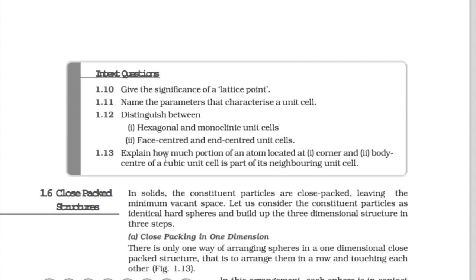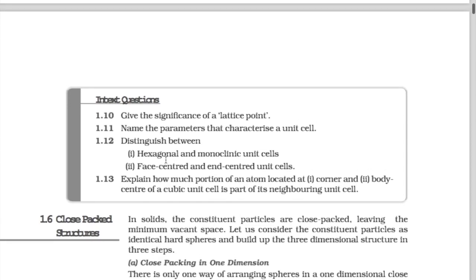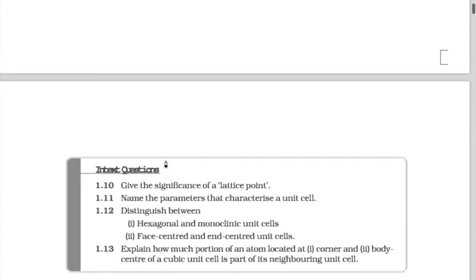Solve these questions. These questions are based on the topic covered in this video and the previous video. Give the significance of a lattice point. Name the parameters that characterize a unit cell.